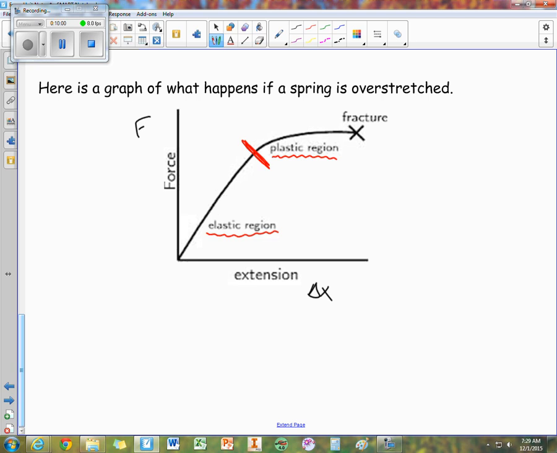That's where you stretch a spring so far that it no longer returns to its original length. If you continue to stretch it, we get fracture. That's where the spring will physically break. So when we look at Hooke's law and how it is a linear relationship, it's only linear during the elastic region. Once we pass this point, Hooke's law no longer works.